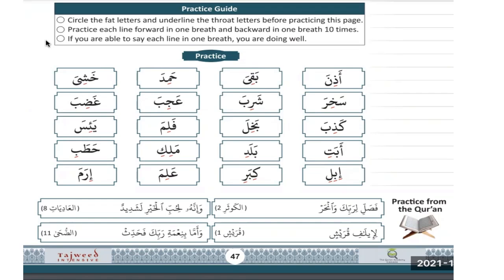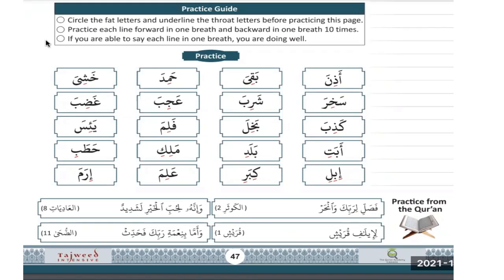Very good. Ba, fatha, ba, qaf, kasra, qi, ya, fatha, ya, baqiya. Okay, tell me, is ba a light letter or a heavy letter? Ba is a light letter. And what about the qaf? Qaf comes from the heavy letters.